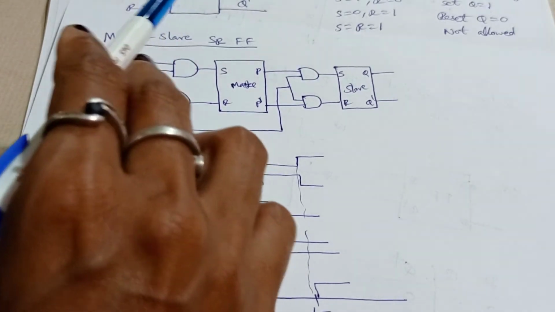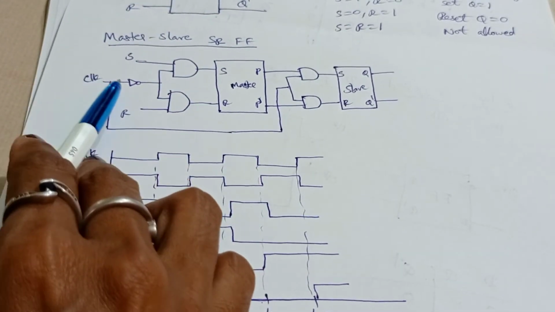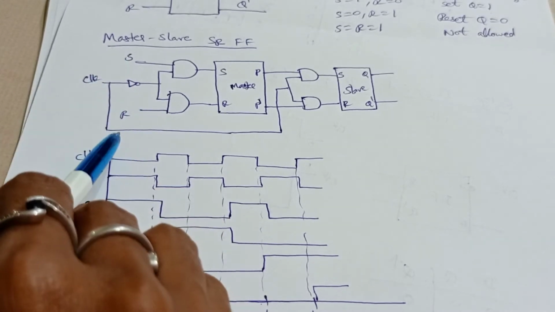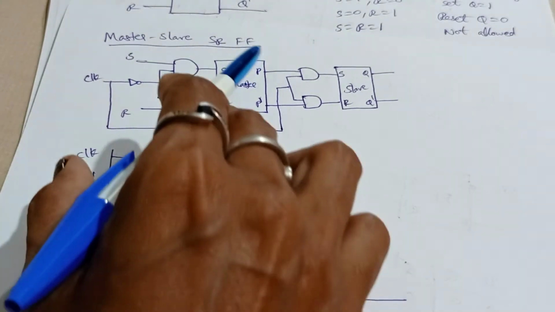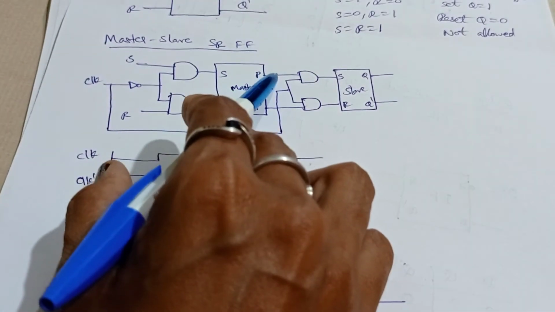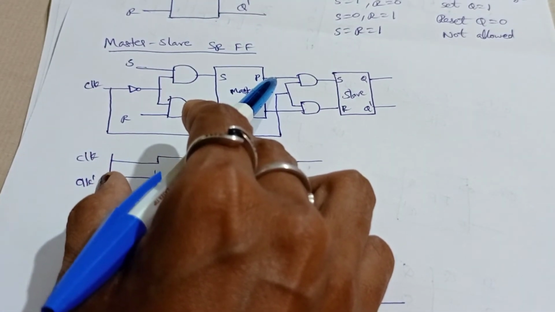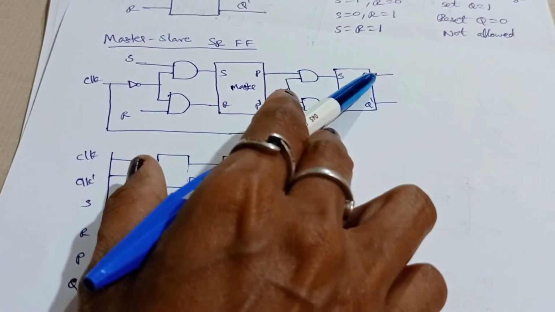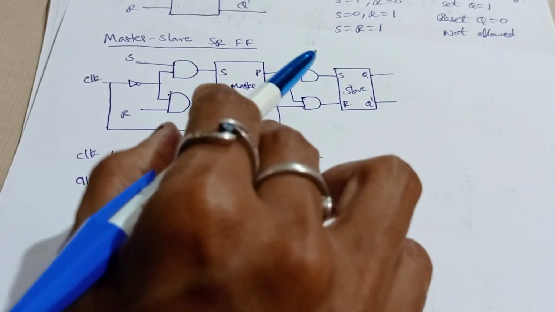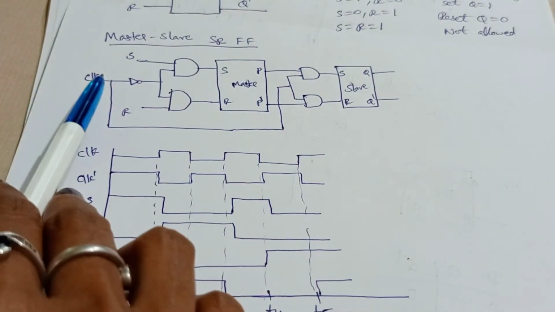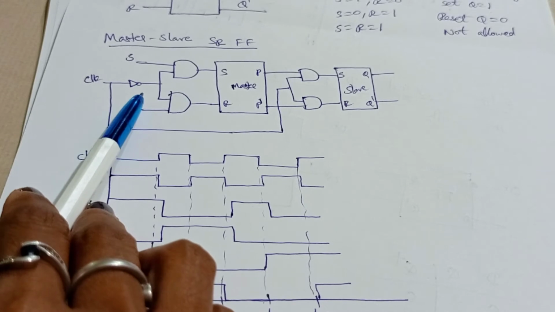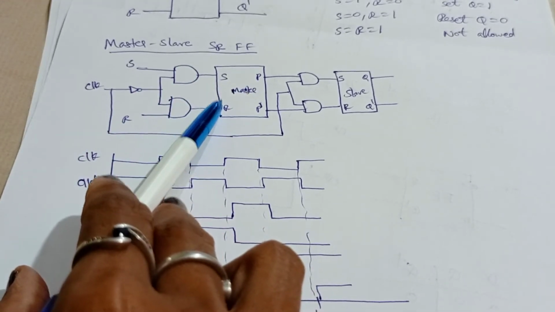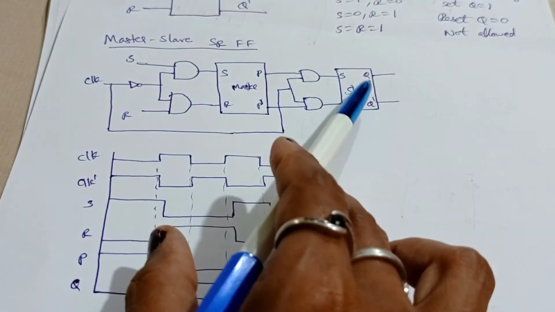When the clock is 0, the S and R inputs set the output of the master. At that time, the slave holds the previous value of Q. When the clock changes from 0 to 1, P is held in the master latch and this value is transferred to the slave latch.